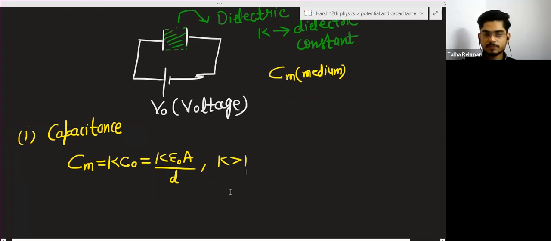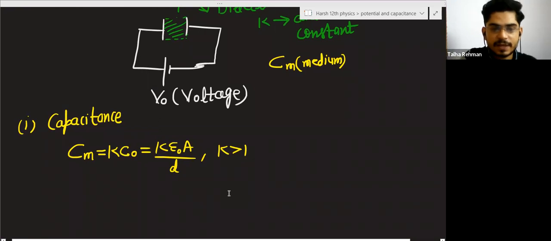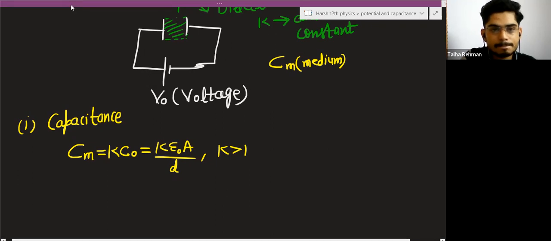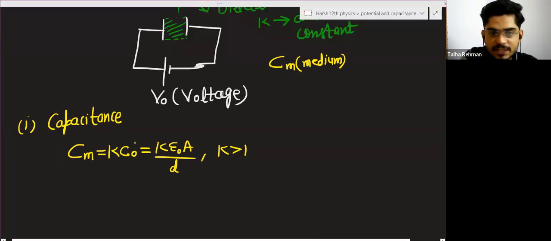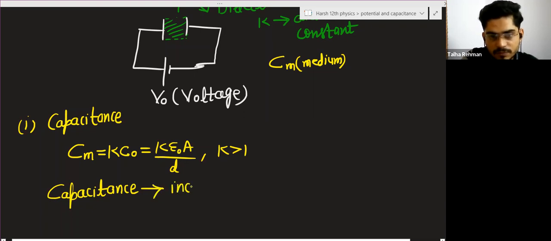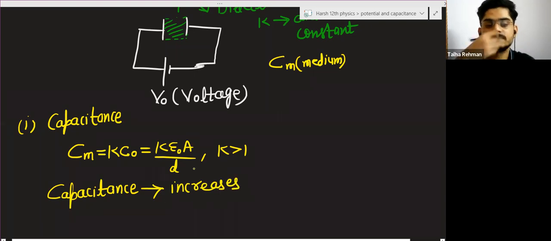So the capacitance will increase, because you are multiplying by K greater than 1. Capacitance will increase.